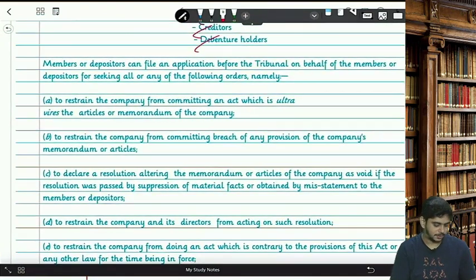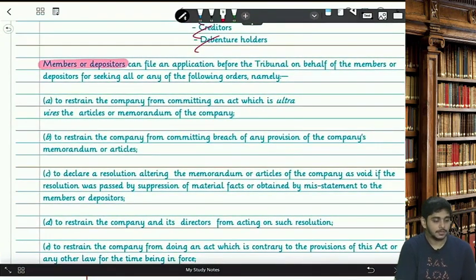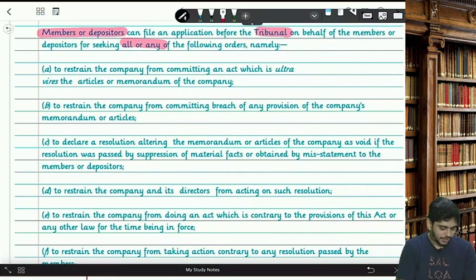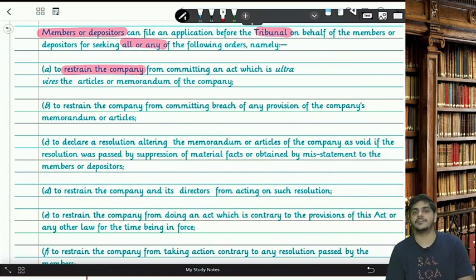So let's understand. Members or depositors can file an application to the tribunal on behalf of the members or depositors for seeking any or all of the following acts. Number 1, to restrain the company from committing an act which is ultra vires. Restrain, matlab rokna, to stop.